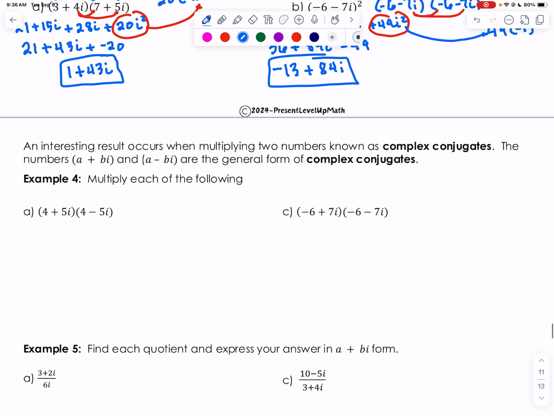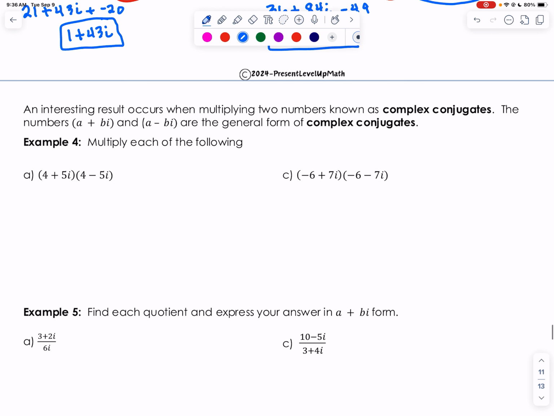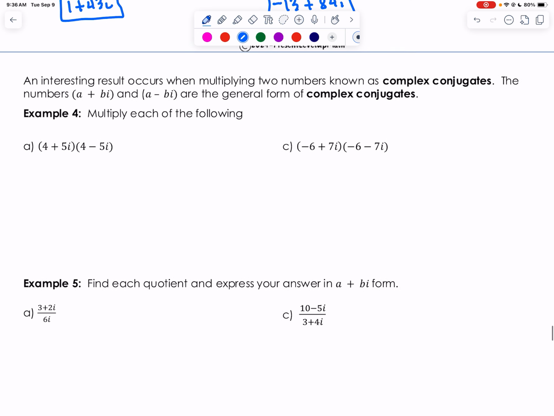Now, in our next set of problems, an interesting result will occur when you're multiplying two numbers that are known as complex conjugates. For example, the numbers a plus bi and a minus bi are the general form of complex conjugates. So let me show you what's going to happen, and some of you may be able to guess.